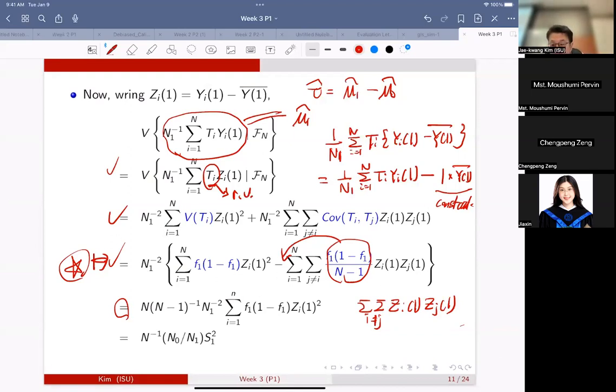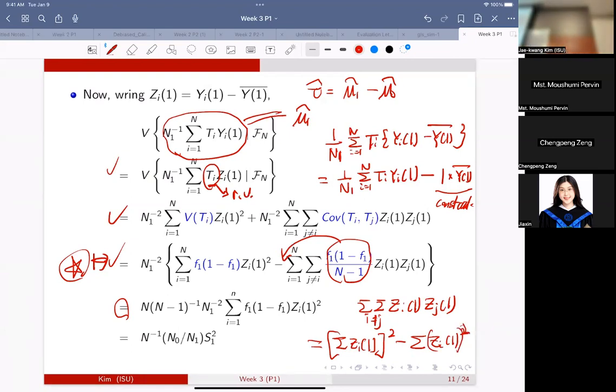This guy turns out to be the square of the summation of Ci1 minus the summation of Ci1 squared.